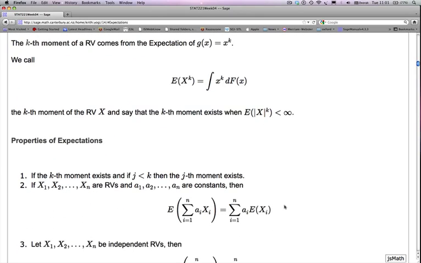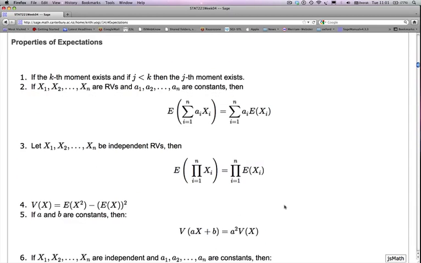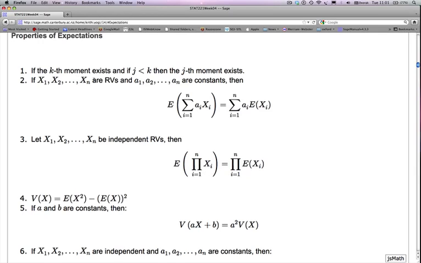Now, having defined various expectations, let's look at some of their properties. If the kth moment exists and if j is less than k, then the jth moment also exists.